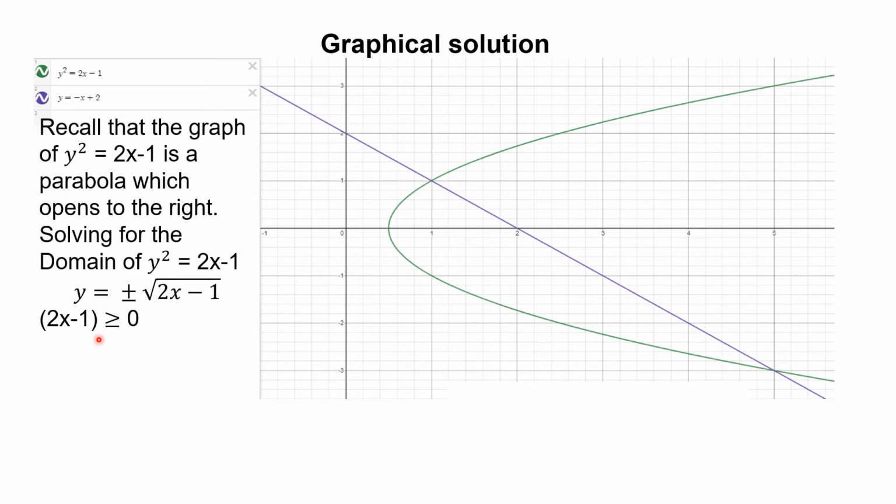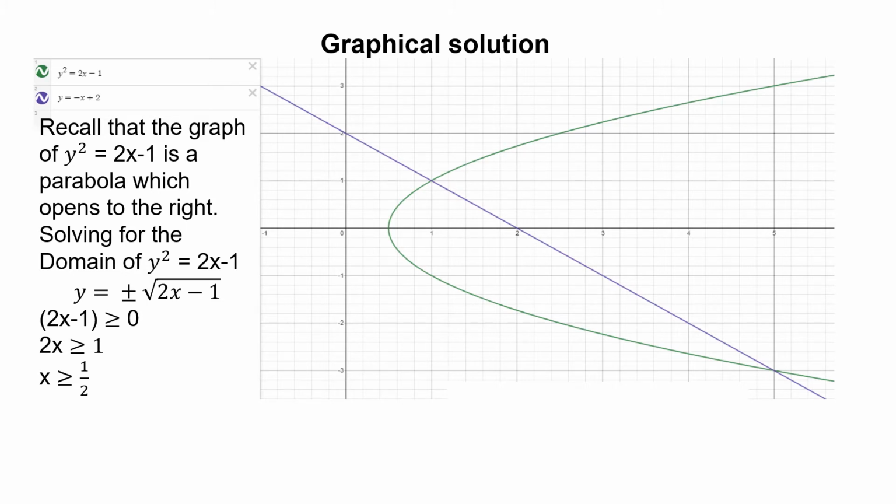Solving for x, we will have 2x is greater than or equal to 1. Then we can divide both sides by 2 to come up with x is greater than or equal to 1/2. So meaning to say, our domain would be the values x greater than or equal to 1/2.